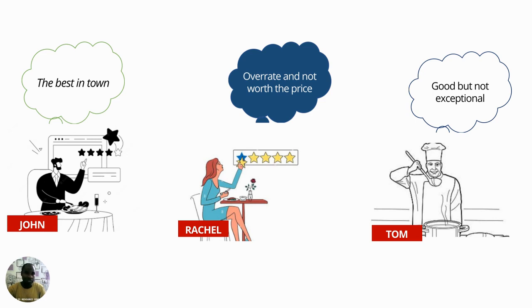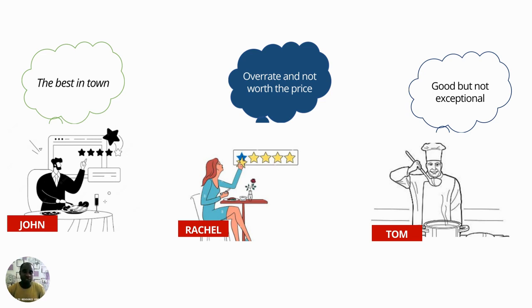Now, John said Maria's restaurant is the best in town. Rachel said it is overrated and not worth the price. That's what Rachel is trying to say. And Tom on his own said good, but not exceptional.